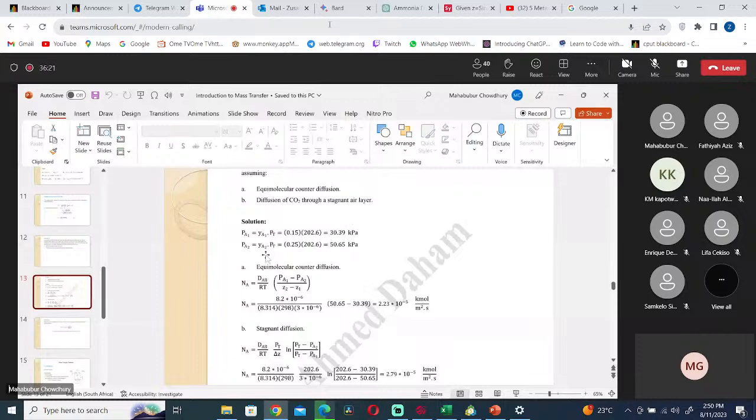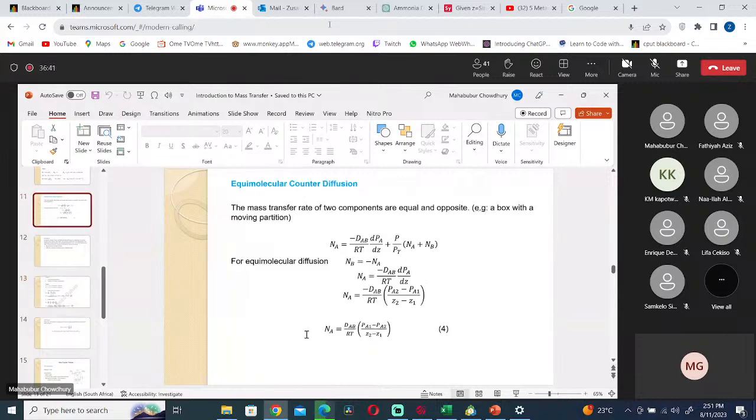Your PA2 is similarly YA2 multiplied by PT, which gives you 50.65 kilopascal, because your concentration is higher there, 25%. And if it's equimolecular counter diffusion, we have seen the design equation, which is this: NA equals DAB over RT multiplied by PA1 minus PA2 over Z2 minus Z1.